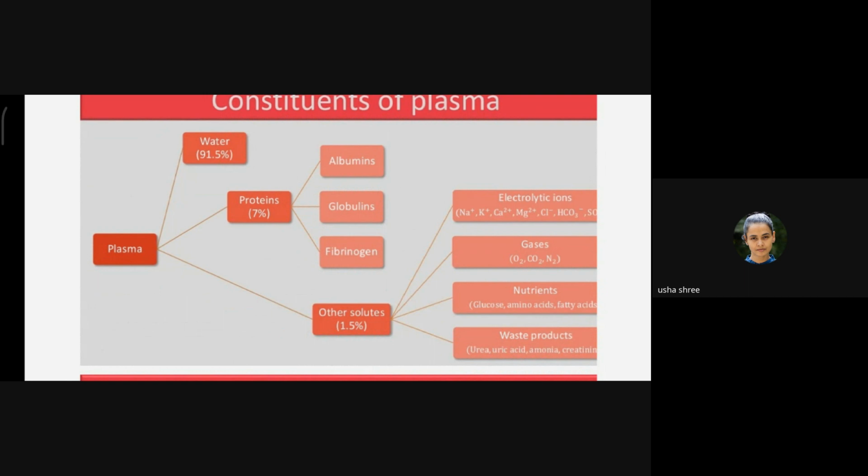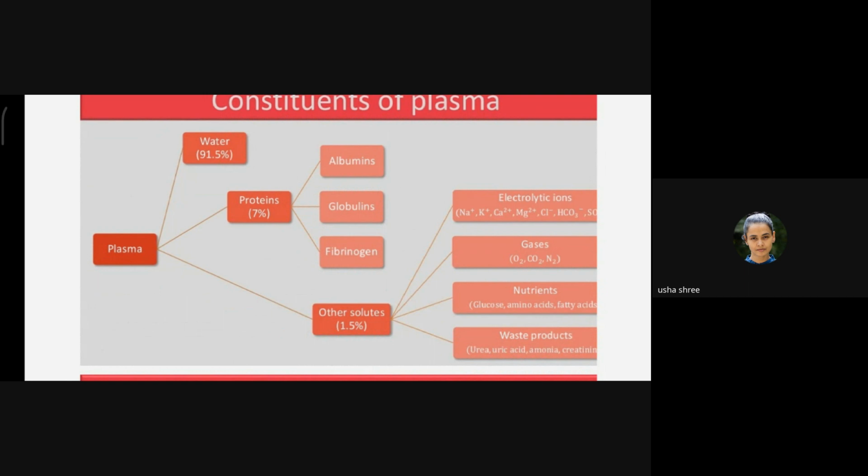Each and every cell creating waste material releases its waste material in blood only. So blood is carrying the waste material, and blood is being purified in the kidney and producing urine.